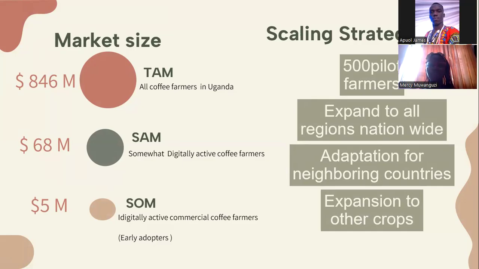We plan to start with 500 farmers and then expand to the different regions in the country. With time, we expect our neighbors to adopt our system, and after that, we hope to expand to different crops.